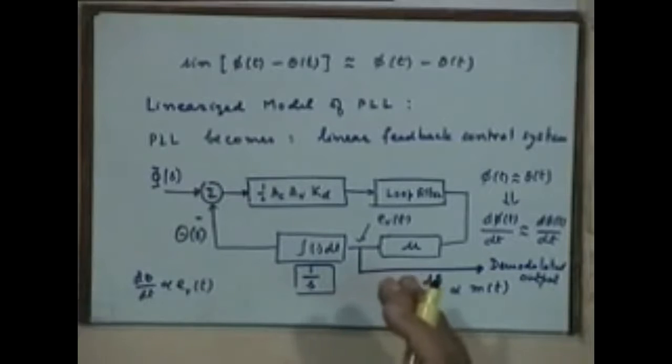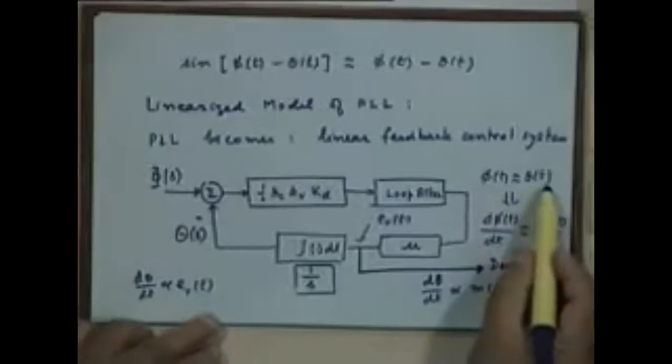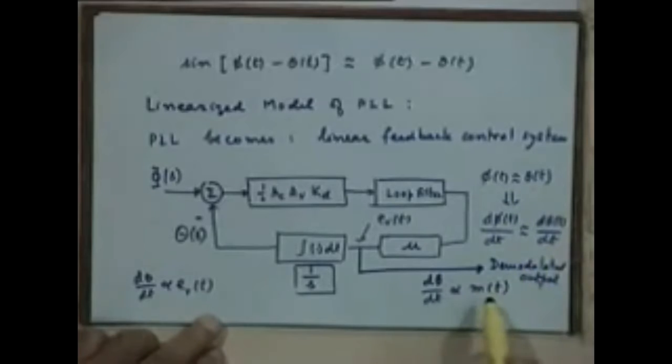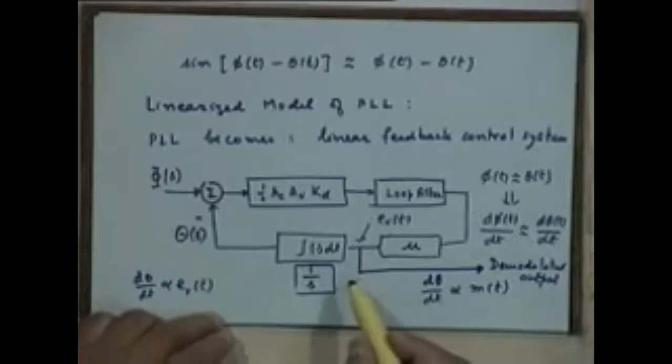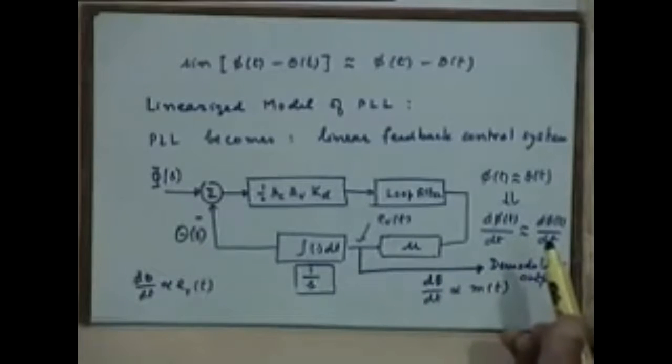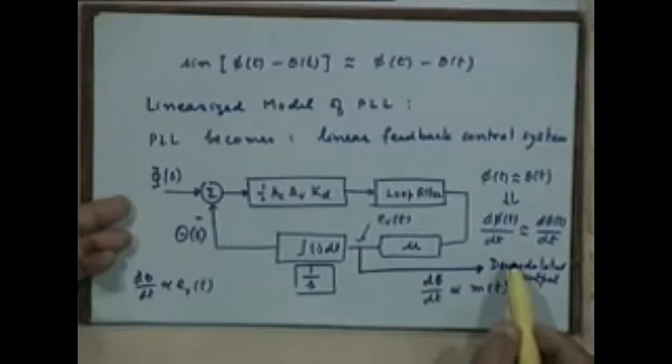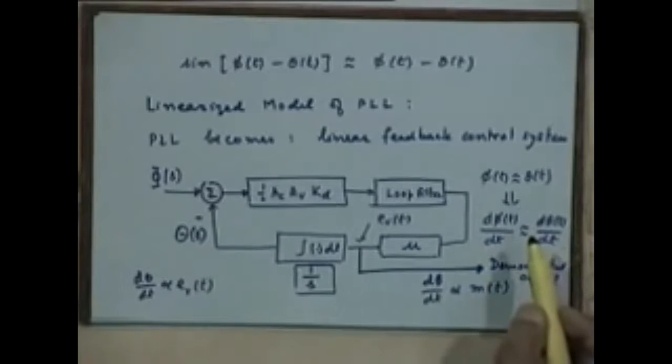I can summarize the discussion in the following way: when the loop is locked, since this will be so, this will be so, and therefore, E_v(t) would approximate the message signal m(t), and therefore, the input to the VCO is the demodulated output that you are looking for. Is that clear?